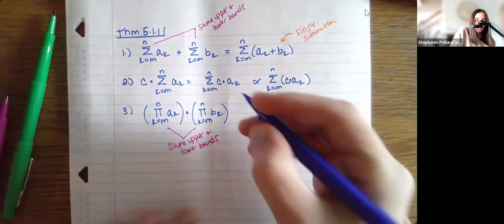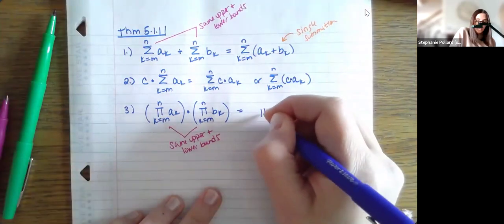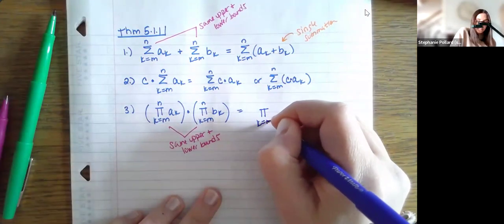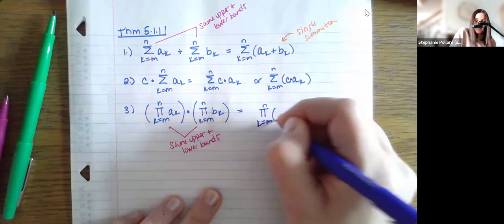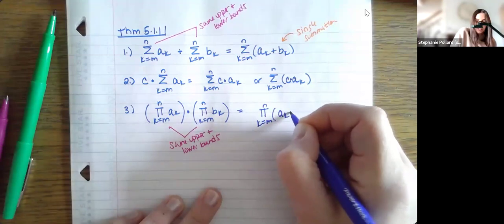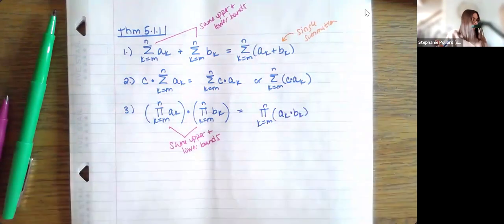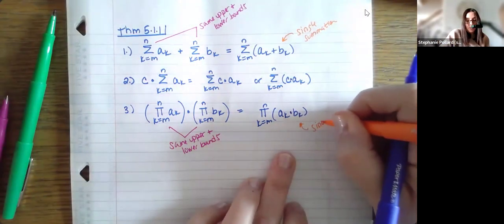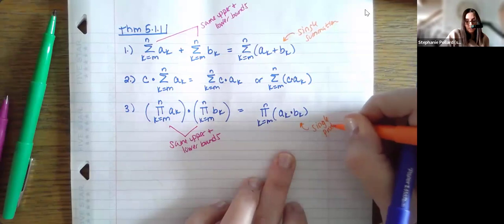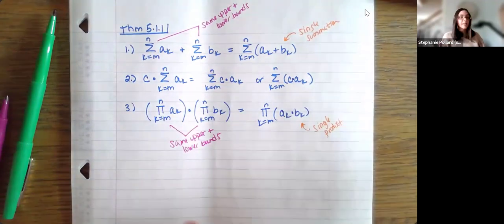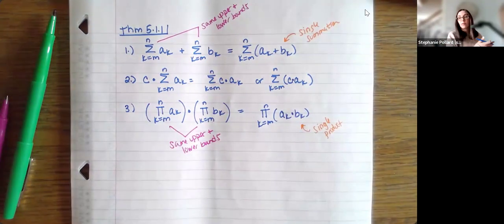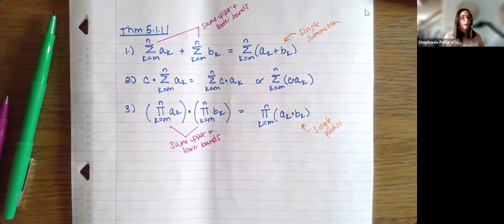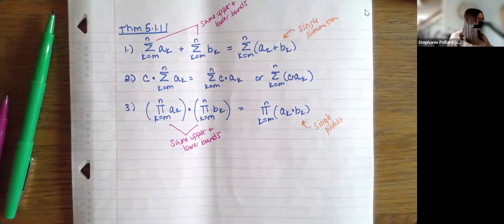Then what you could do is you could put it back together. So the bounds are all going to stay the same. And then you end up doing A sub k times B sub k. So we would call this a single product. It does help to be able to go back and forth. Sometimes one form is easier than the other. So again, it is nice to be able to go back and forth between the two forms.